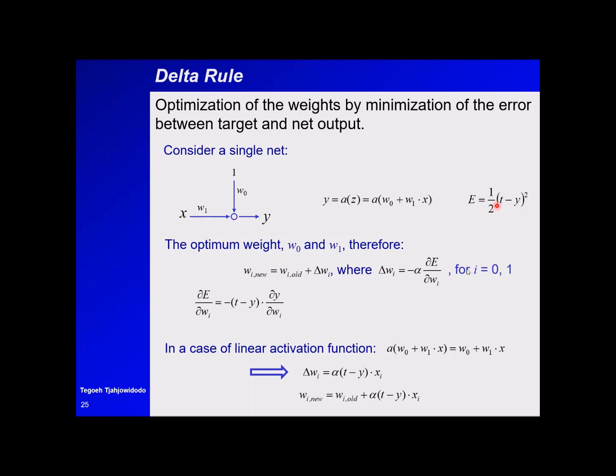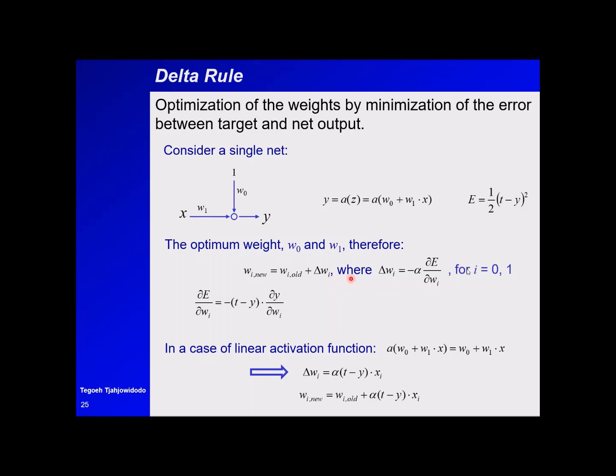The objective to optimize the weightage W0 and weightage W1 is by using the gradient descent method that we have already discussed before. Initially, the first step, you just have to guess the weightages W0 and W1, pick a number for it, and then we iteratively update it by taking an update factor delta W for W0 and W1.